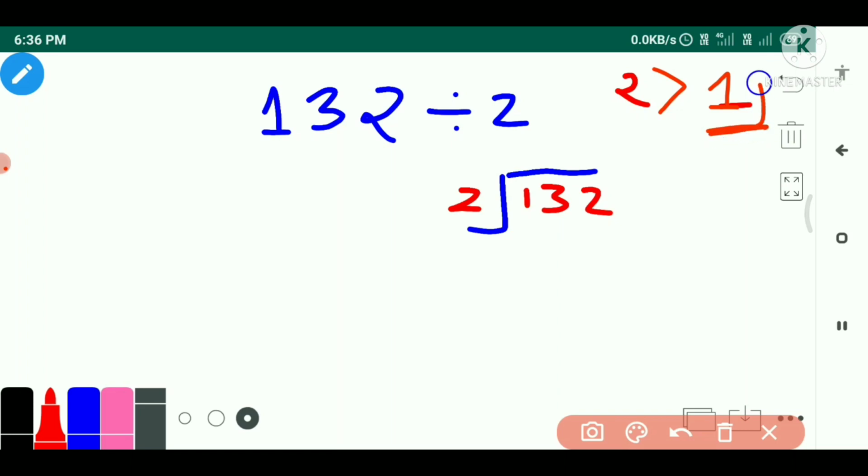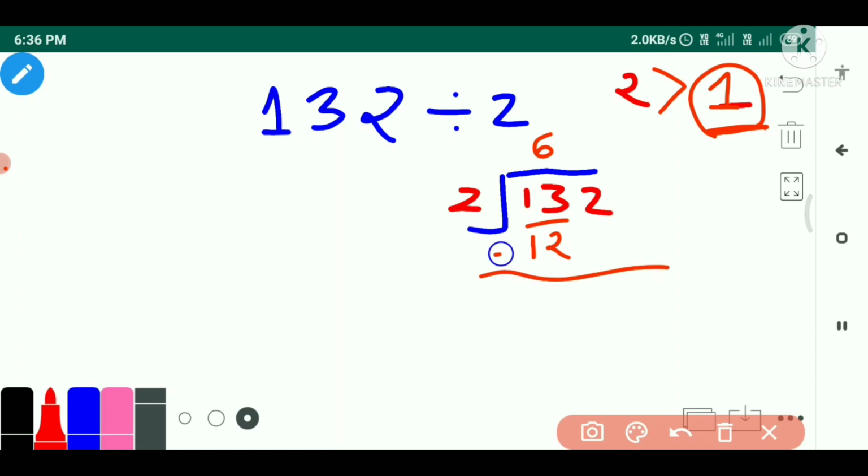That means along with the 100 place, we'll take the tens place also. So now we'll see these two numbers, that is 13. In the multiplication table of 2, is 13 there or not? If 13 is not there, we'll take the number that is lesser than 13. So we know that 2 sixes are 12, 2 sevens are 14. Now 14 is greater than 13, so we'll write 2 sixes are 12.